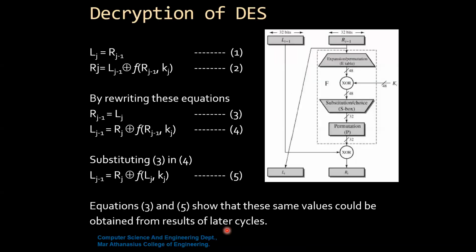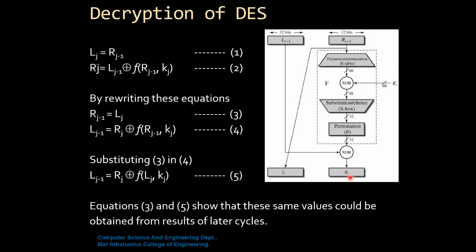And to prove decryption is the opposite of encryption, we need to check the output that you get during each round of the encryption. This is again each round of the encryption. In each round, Li-1 and Ri-1 are the inputs given to the round, and at the end of the round, we get the output Li and Ri.